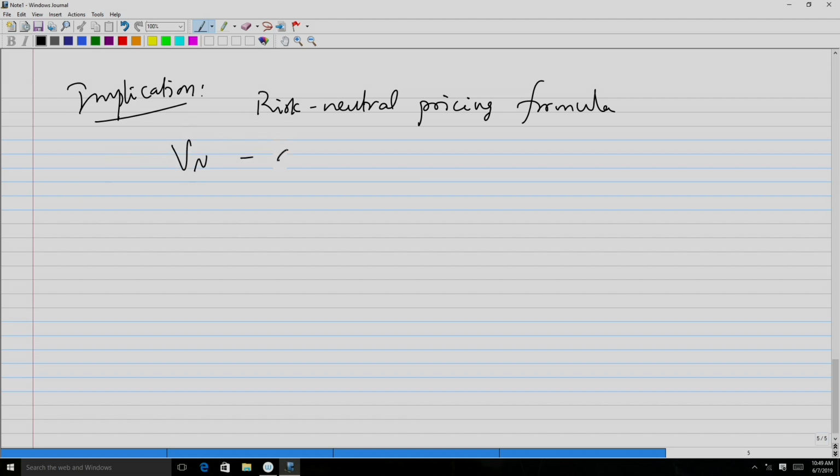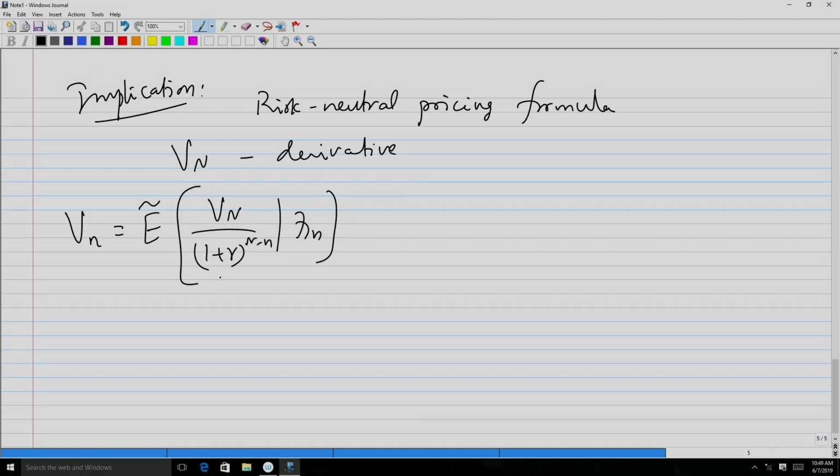We have a derivative. This is the n period binomial model that we have in mind. Now, we know that V_n is E tilde of V_N divided by (1 plus r) to the power N minus n, given F_n.